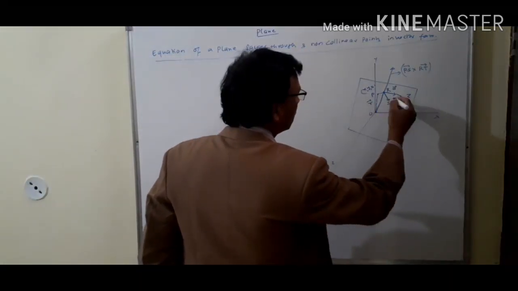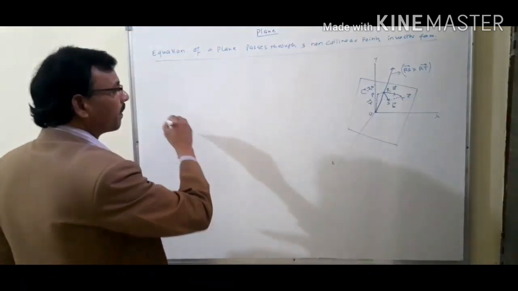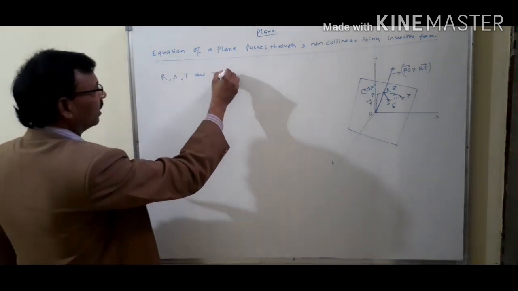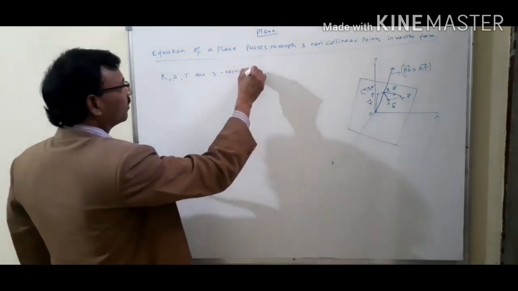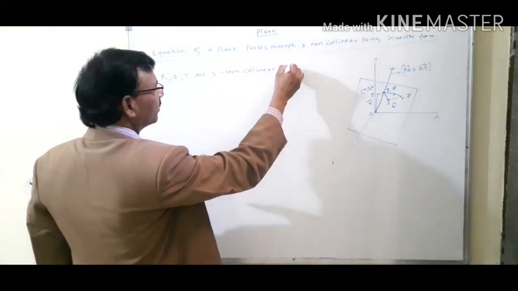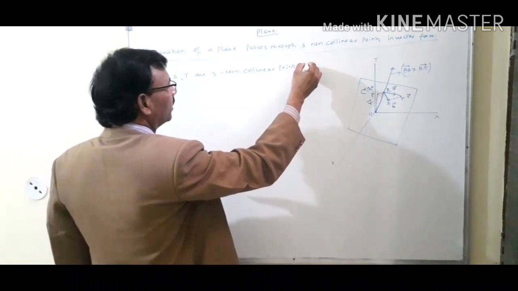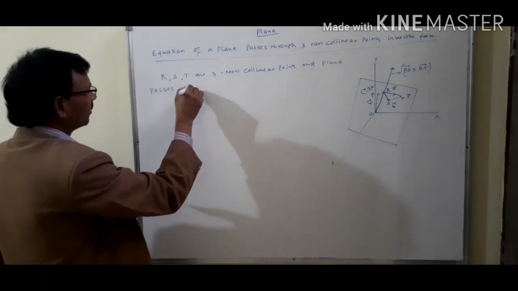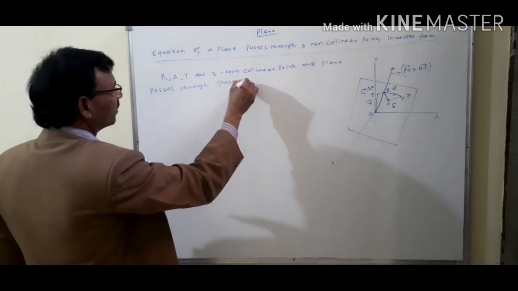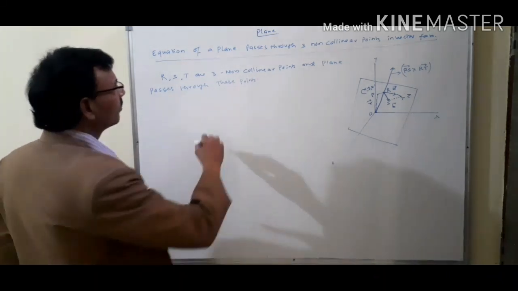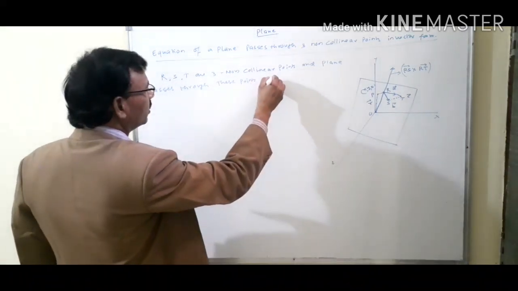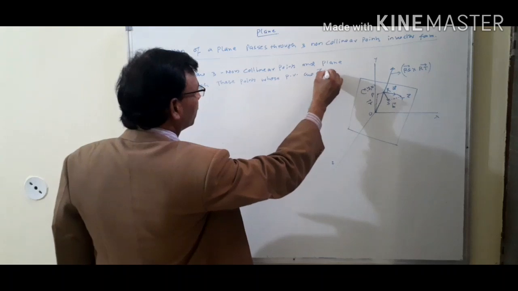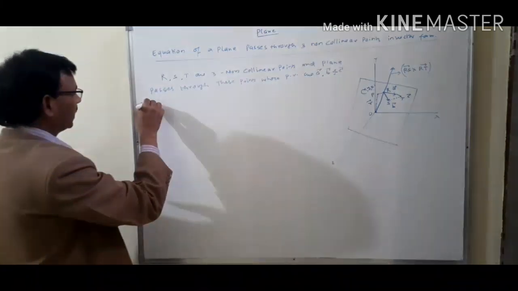Now here, R, S and T are three non-collinear points, and the plane passes through these points, whose position vectors are small a vector, small b vector and small c vector respectively.